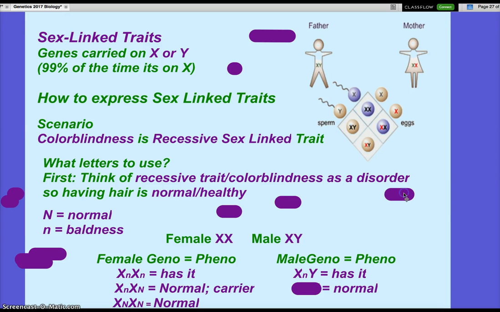Because it's sex-linked on X, a male only needs one and they have it, because nothing is masking the recessive trait. So guys tend to show sex-linked traits more than females. What's a normal male? Perfect.